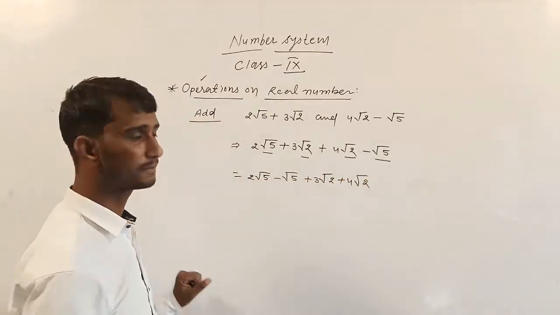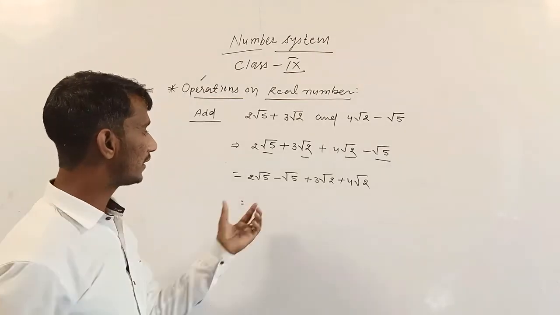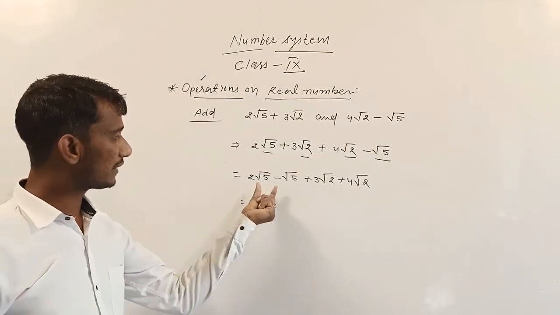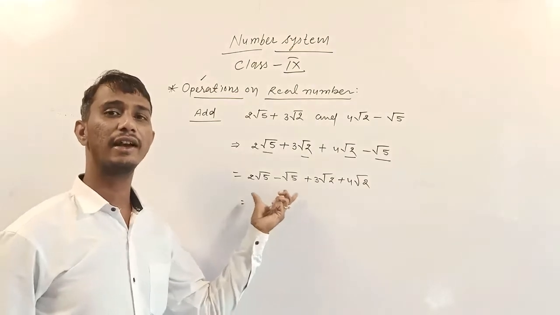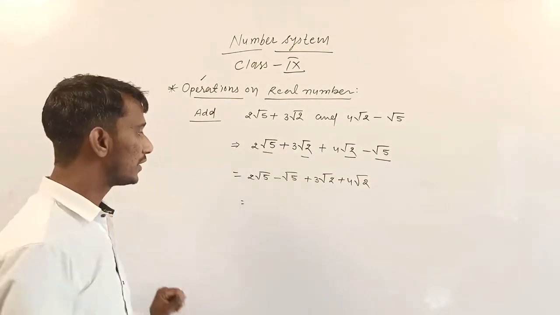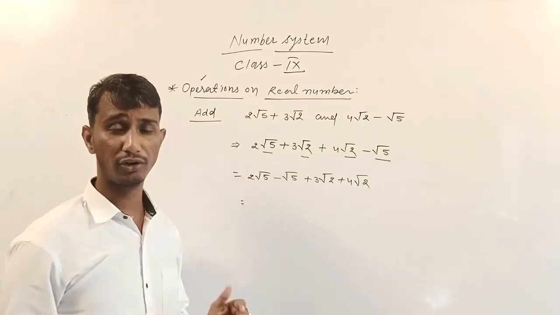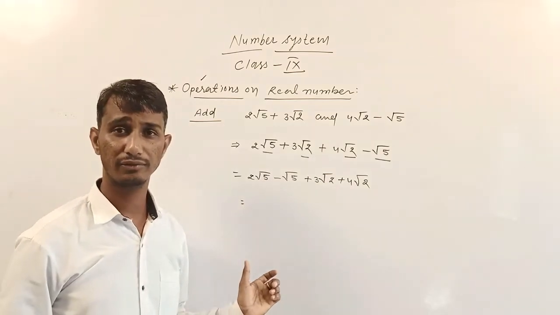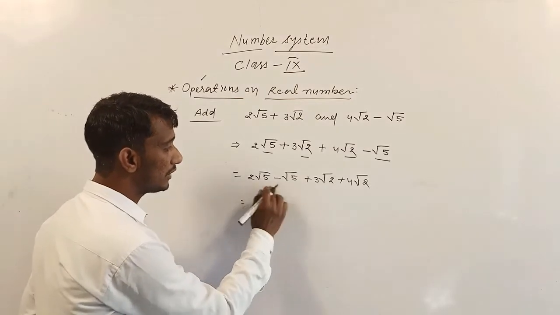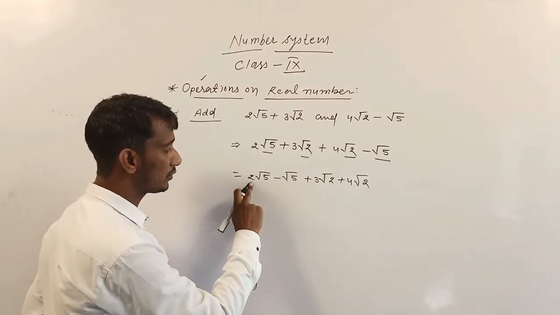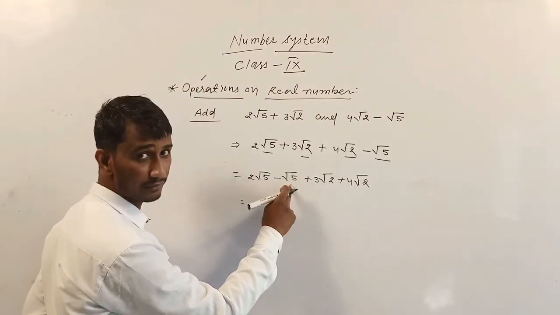Now let us see what we get. There are two ways: you can take the common part, otherwise you can solve directly. Here root 5 appears 2 times and here root 5 only 1 time, so we can write 2 root 5 minus root 5.